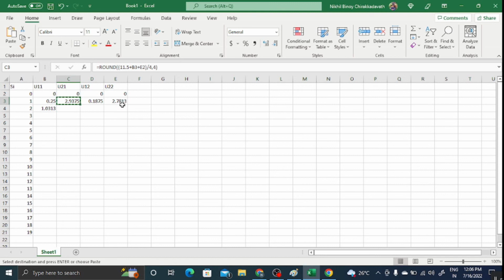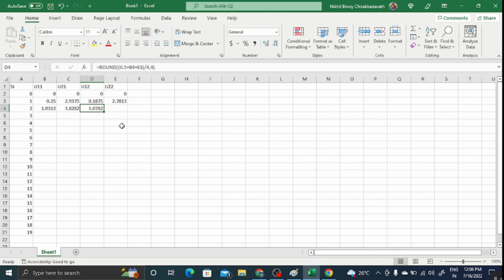that is 2.7813. So we have 11.5 plus 1.0313 plus 2.7813. So the answer is 3.8282. Now for U12 we have to use the latest data of U11, that is 1.0313, and the latest data of U22, that is 2.7813. So we have 0.5 plus 1.0313 plus 2.7813 divided by 4.